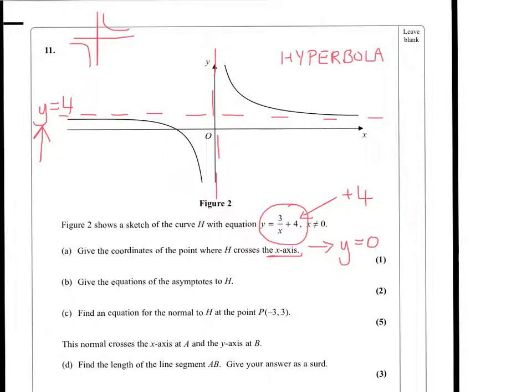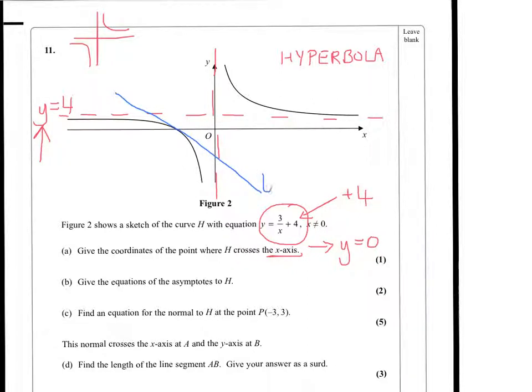Find an equation for the normal to H at the point minus 3, 3. Now I'd be very tempted to pop the point in, minus 3, 3. So I'm guessing that's looking something like that.